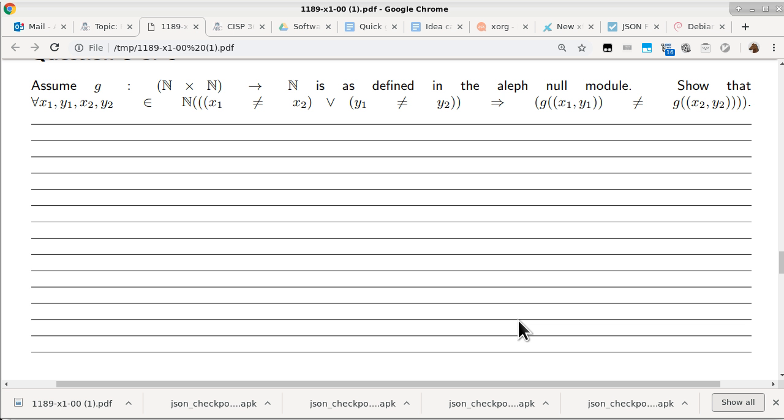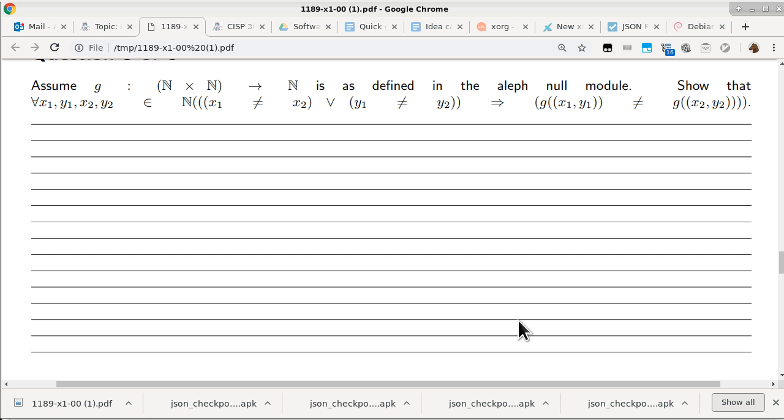Pick a natural number value for x1, x2, y1, y2. Look at the stack of parentheses. Show that it is true, regardless of how you pick x1, x2, y1, y2. And you can use whatever is already established facts in the module.